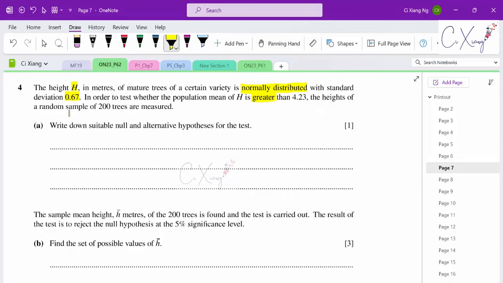The heights of a random sample of 200 trees are measured. So they want you to write down the suitable null and alternative hypotheses for the test. Okay, so what is the null hypothesis? For the null hypothesis, we know that the height is 4.23 meters.